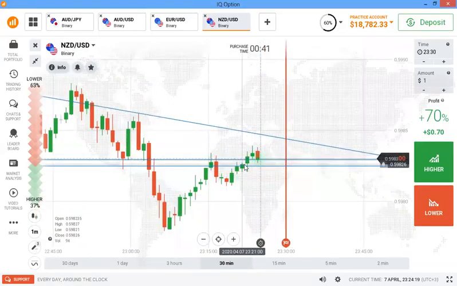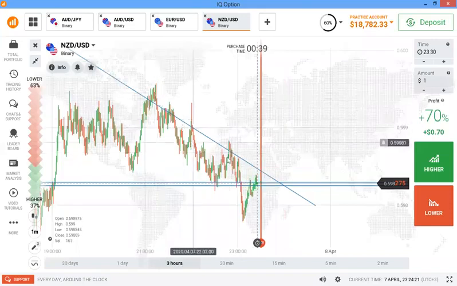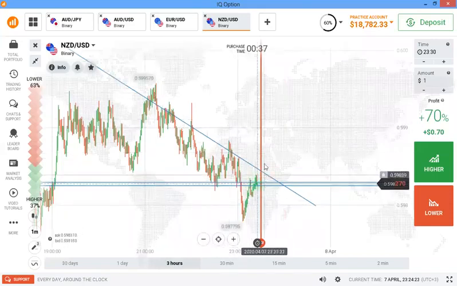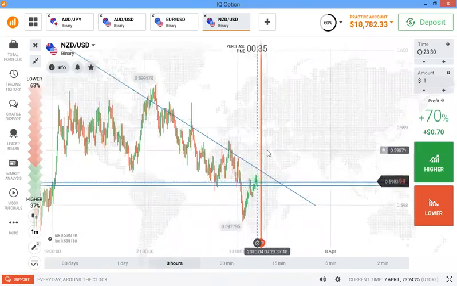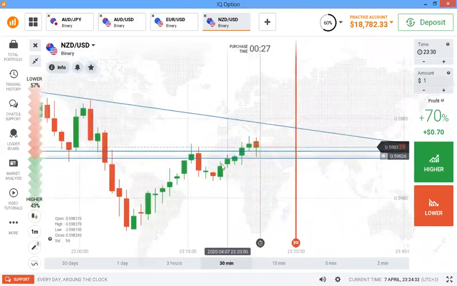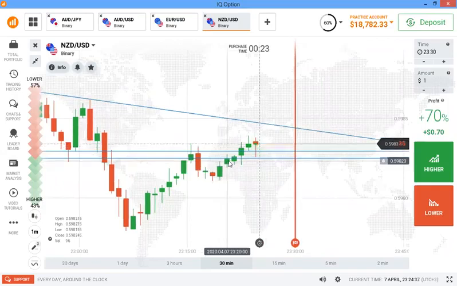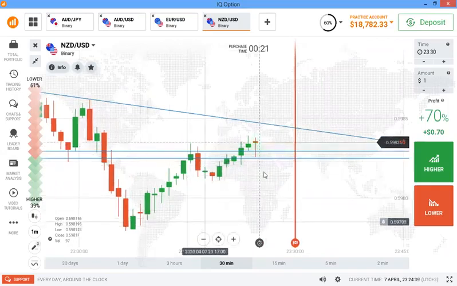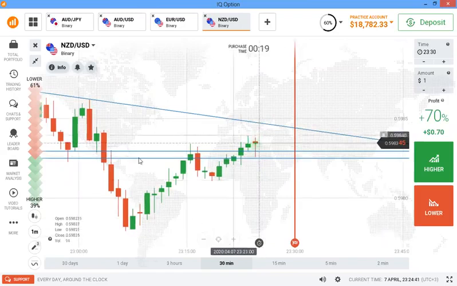Once you check all this, you should know that the market is now moving in a kind of direction, maybe uptrend or downtrend. This is the major thing you need to focus on when you are placing your trade.